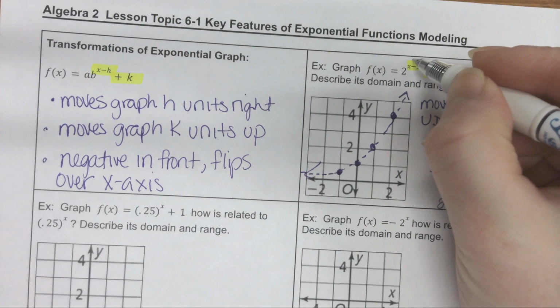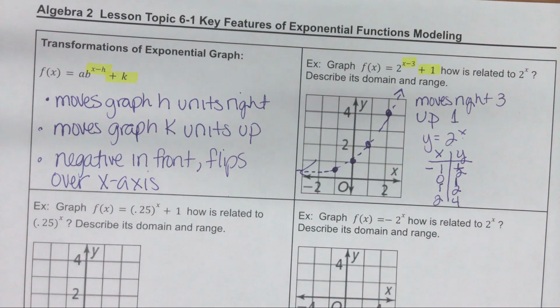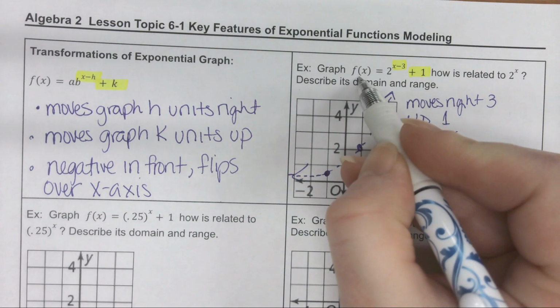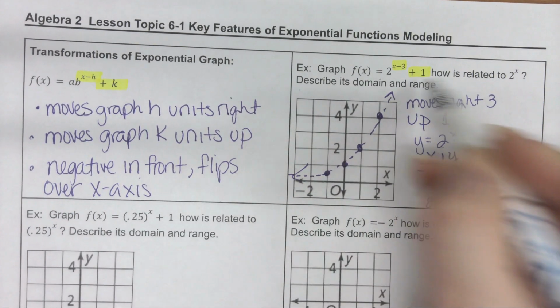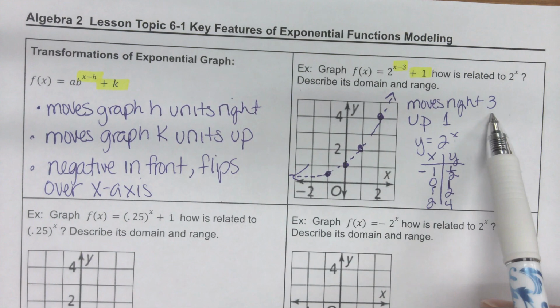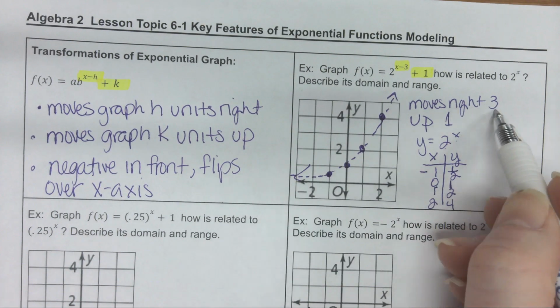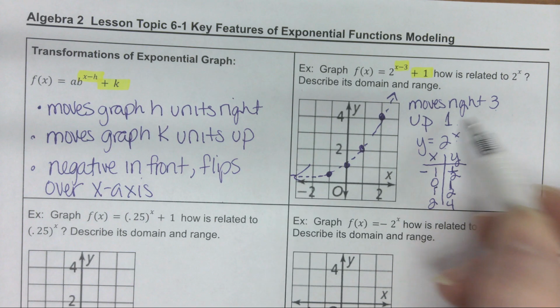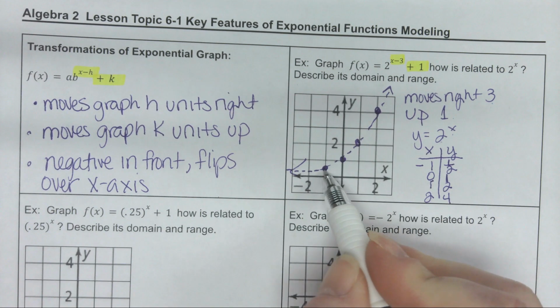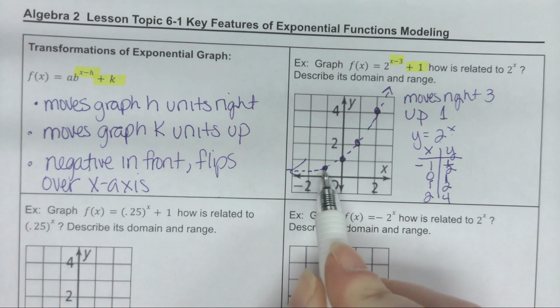So if I wanted to graph f of x, which is 2 to the x minus 3 plus 1, what I'm telling you is I could just move these points right 3, up 1. So let's take this point. It is -1 and 0.5.